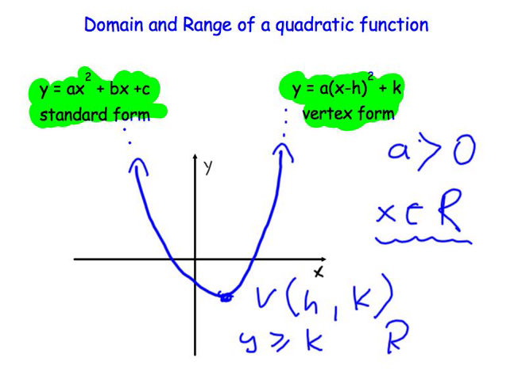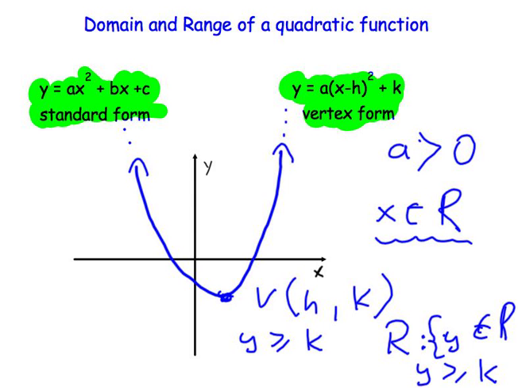The range is just the coverage along the y-axis such that y is real, but with a limitation. y is an element of R, and y is greater or equal to k.